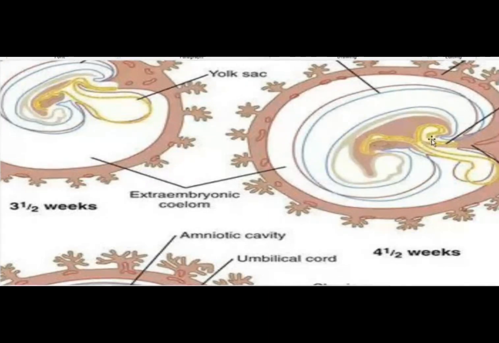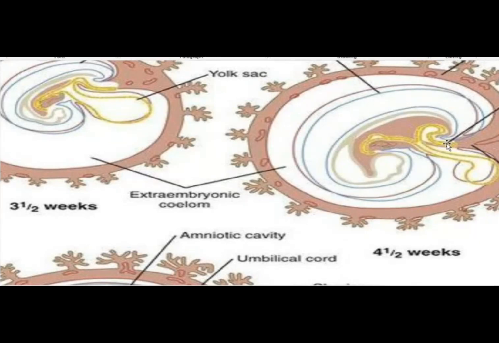The function of the allantois, you go and read about it, but it excretes nitrogenous wastes. This allantois is another fetal membrane.